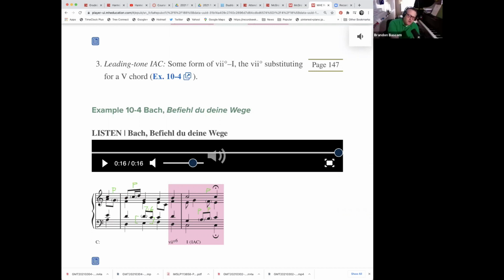It's approached by the same note and left by a leap. According to our charty chart, what is that? Didn't make the list.